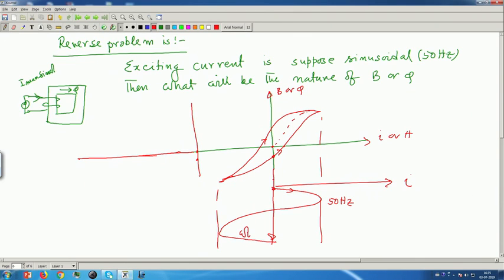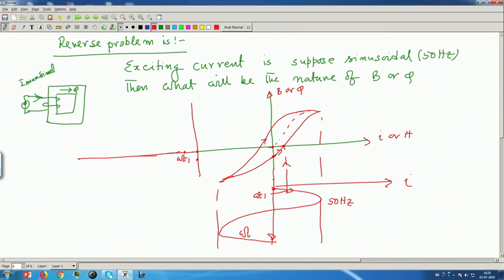When the current has some positive value, this value, corresponding to say omega t 1, at omega t 1, how much is the flux? Oh, flux is 0, correct.